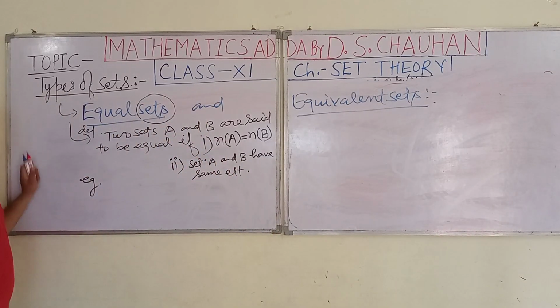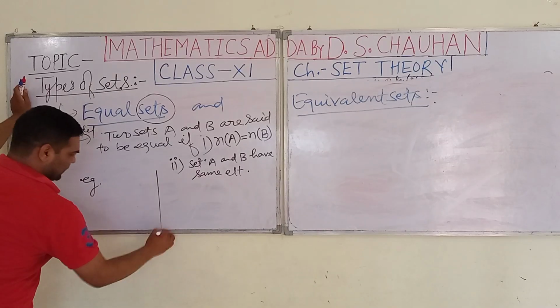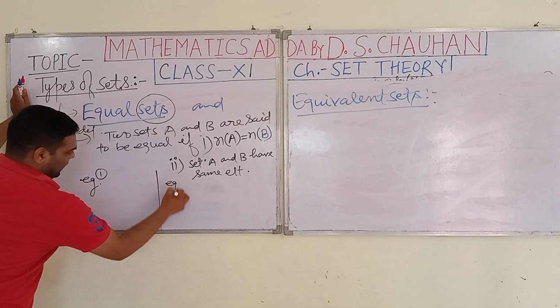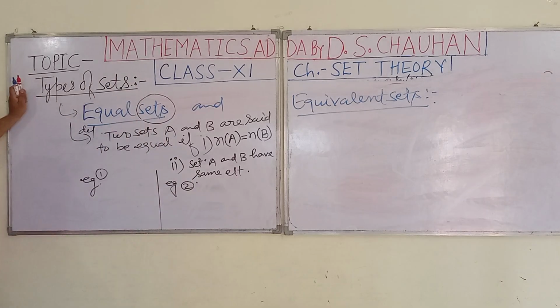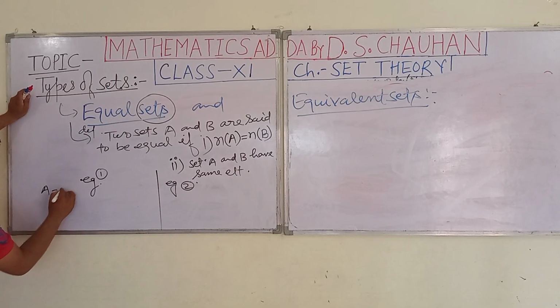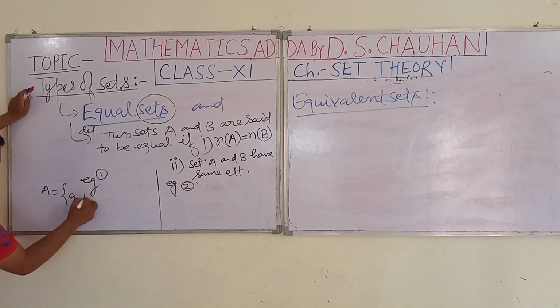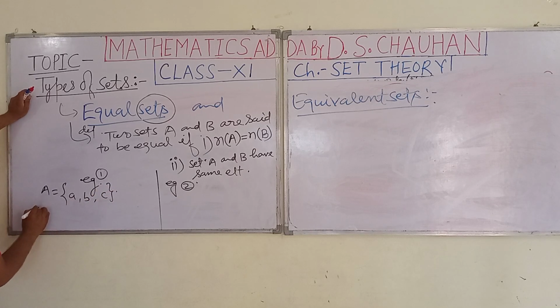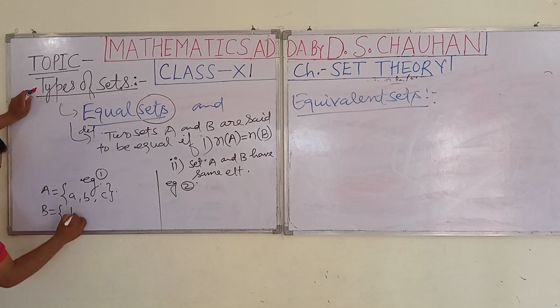So two sets A and B are said to be equal if their cardinal numbers are the same and both sets have the same elements. You can ask for an example. Yes, look at the example. For example, students, see here, I am giving you two examples.